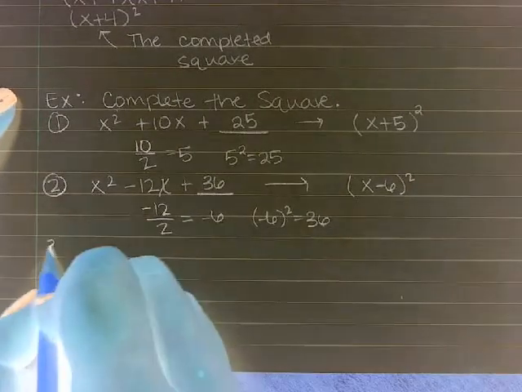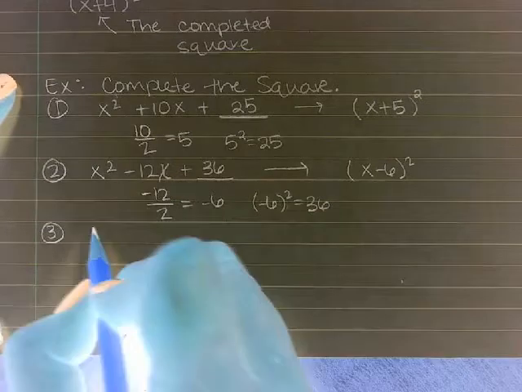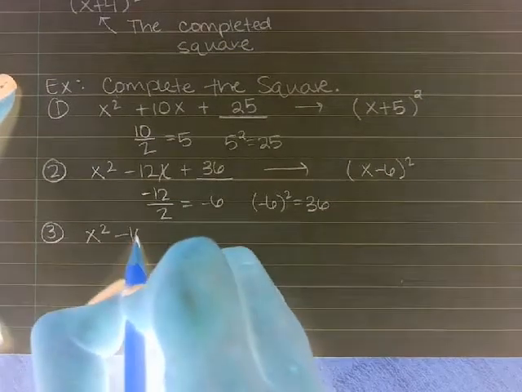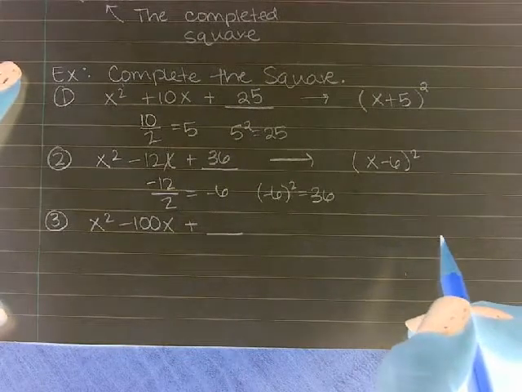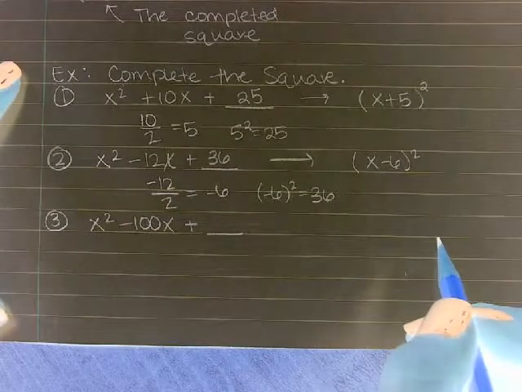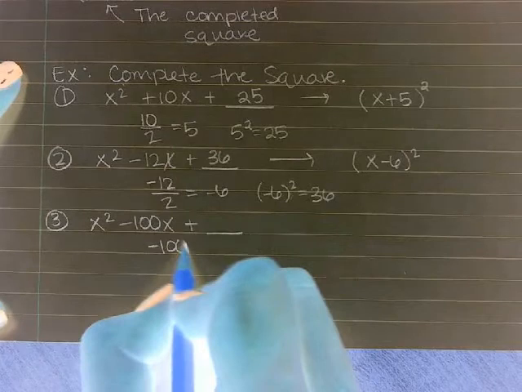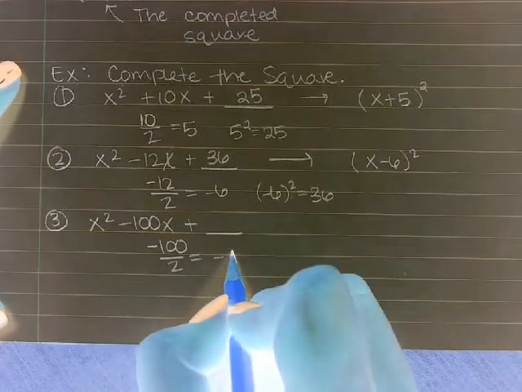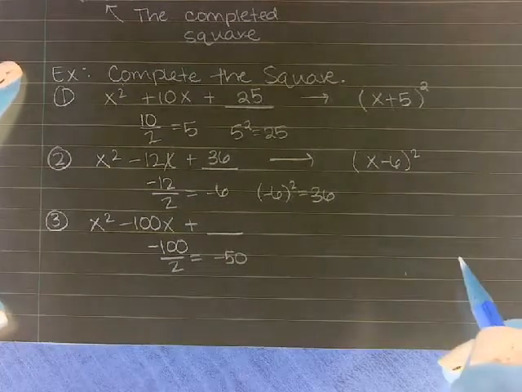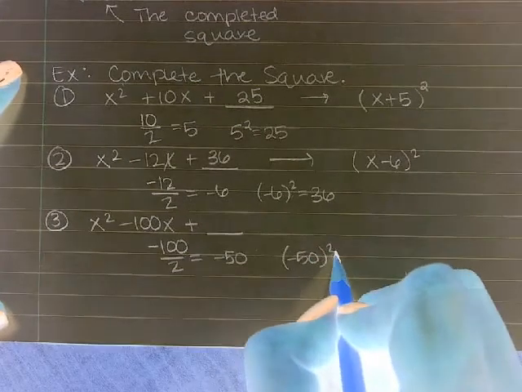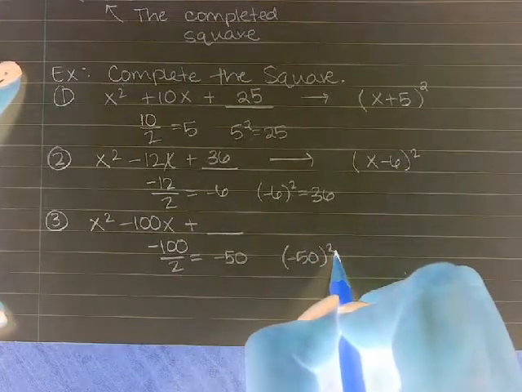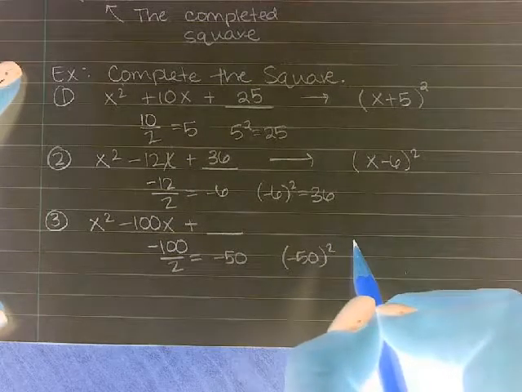All right, here's the next one. X squared minus 100x. So negative 100 divided by 2 is negative 50. Negative 50 squared. What's negative 5 times negative 5?